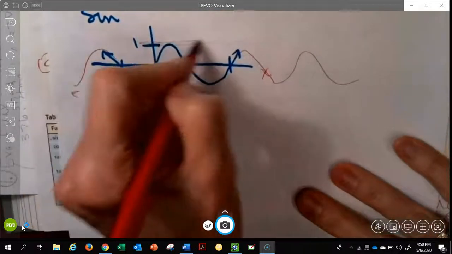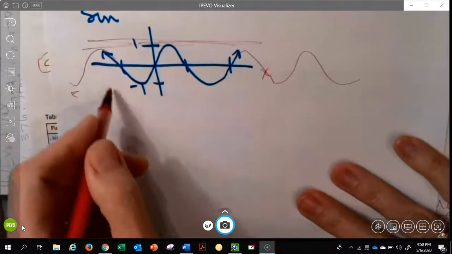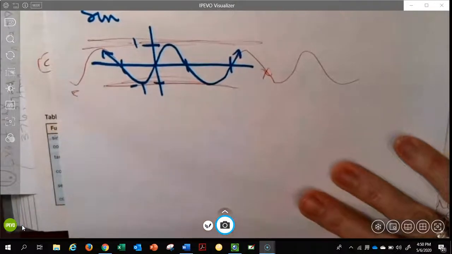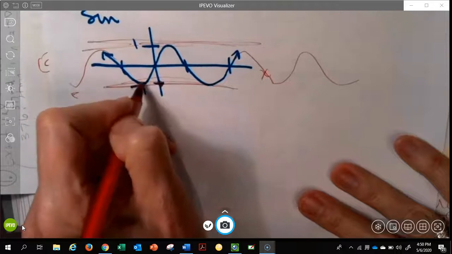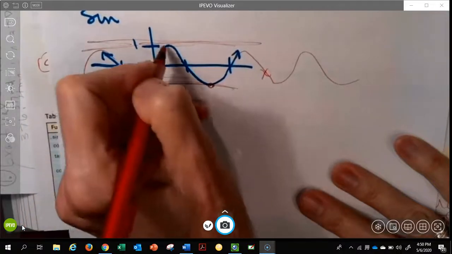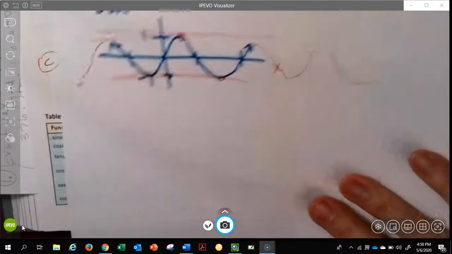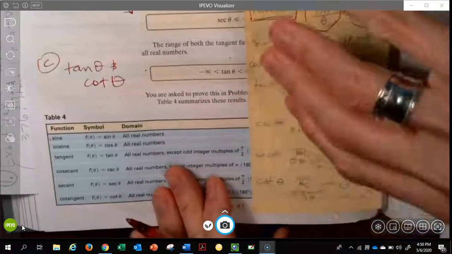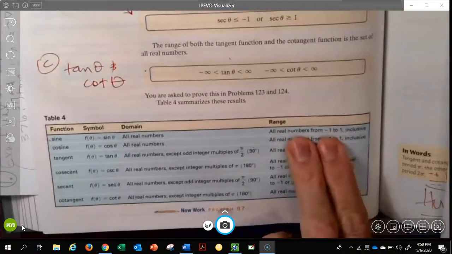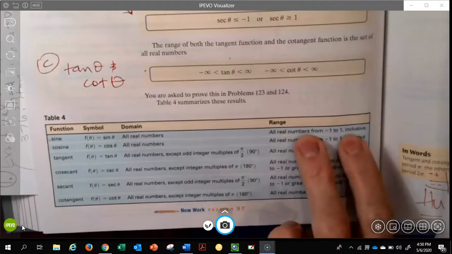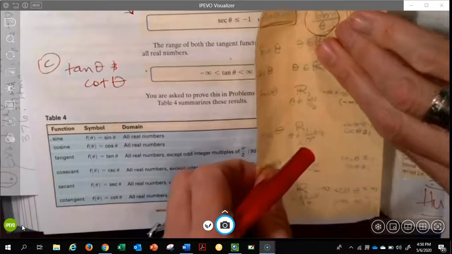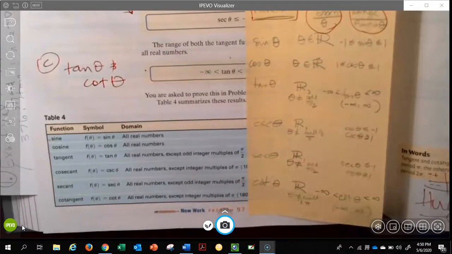And you'll notice y only goes up to 1 and y only goes down to -1, and it actually can go down to -1 and touch it, and it can actually go up to 1 and touch it. And right here, when you were looking at the range of sine, it is -1 to 1 inclusive. It can include the negative and positive 1.